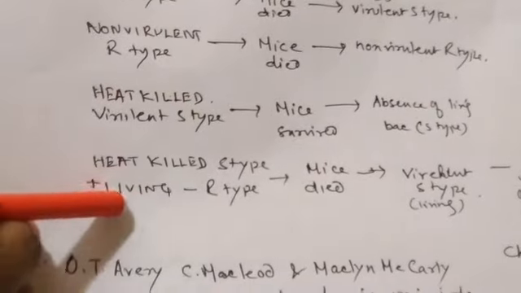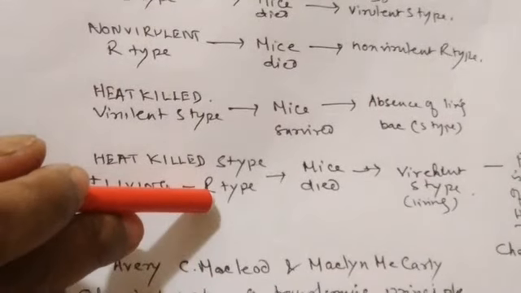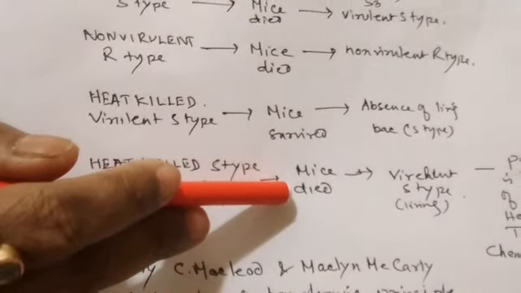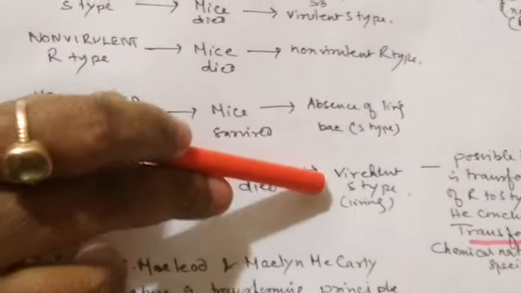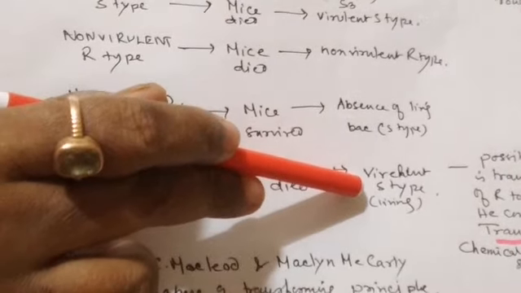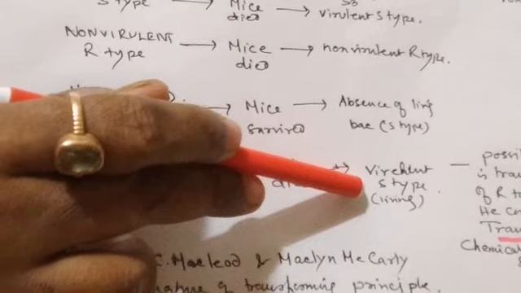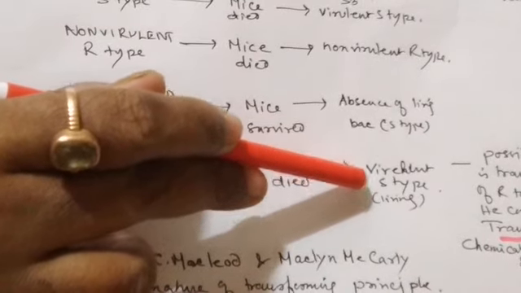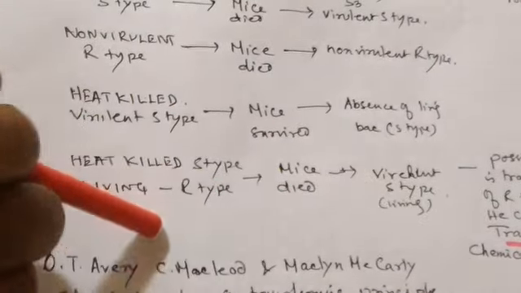Then he took heat-killed smooth along with living R and injected them into the mice. Surprisingly, the mice died. Why did this group of mice die?